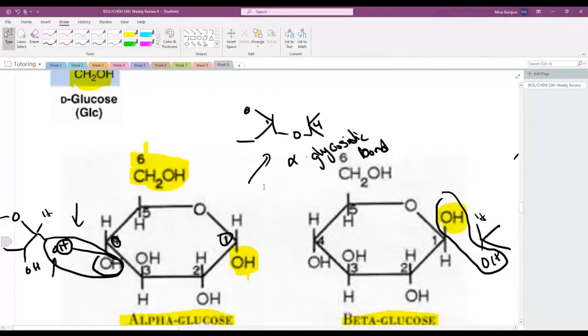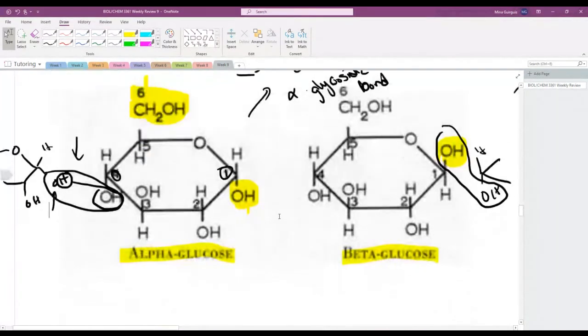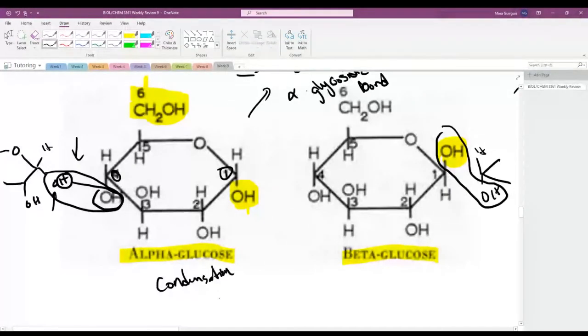It's not specific as to which is kept and which isn't. So in this case, it's a dehydration. The reverse, so the breaking of that bond would be a, yes, it is a condensation. I'm sorry, I had that backwards. Good question. So it is a condensation or a dehydration. Both are acceptable. Condensation, dehydration.